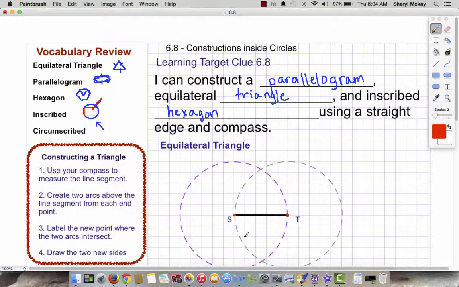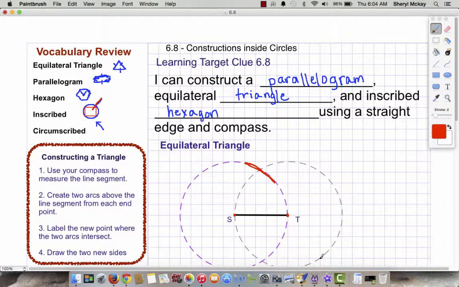Start by putting your compass sharp point on the S and measuring across till you get the pencil on the T. So now you have your compass being the same length as ST, okay? And you're just going to make a circle. You're going to arc up until you come up to the top here, and you want to make your arc big enough that you know that you're going to cross over it.